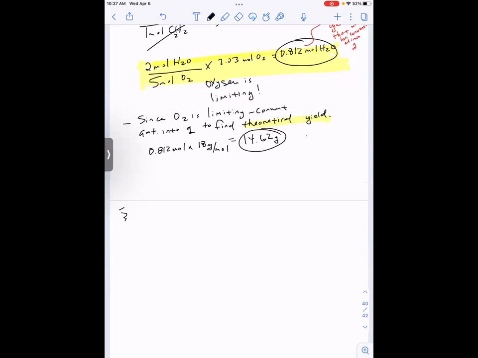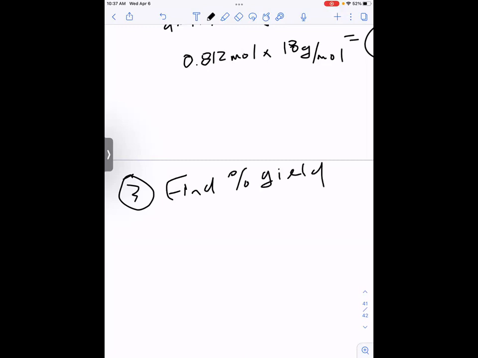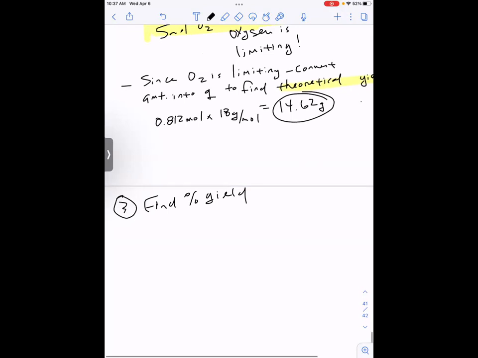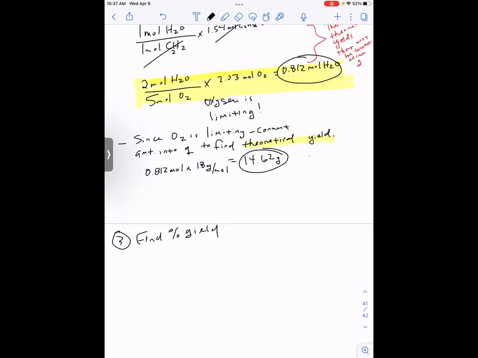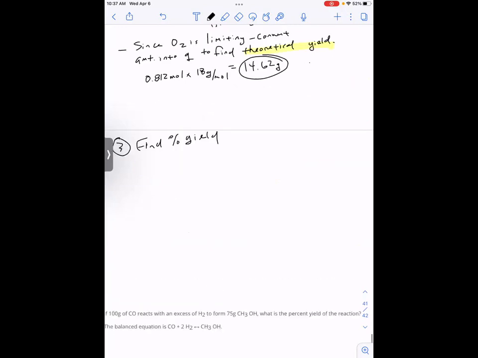It's going to be actual yield over theoretical. This is not going to turn out the right way.